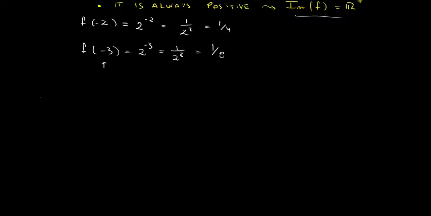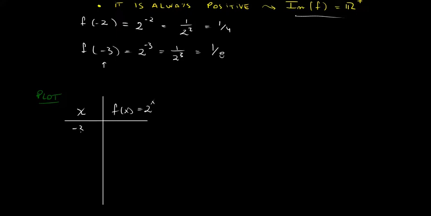Let's try and draw a plot for this function. For this, we're going to be using a table of values. Here we'll write the numbers for x, and here the numbers for f of x, which equals 2 to the power x.